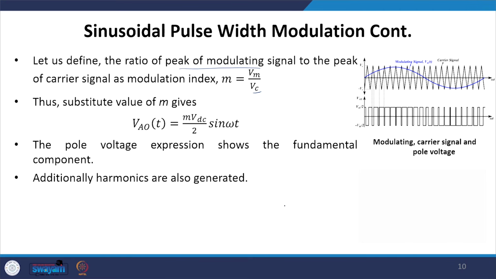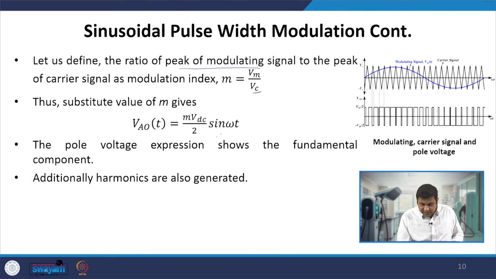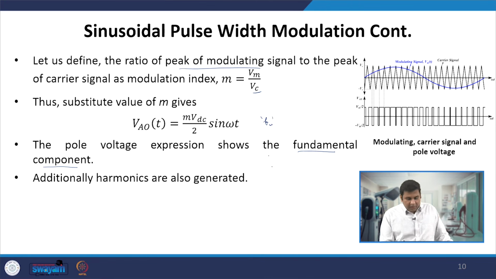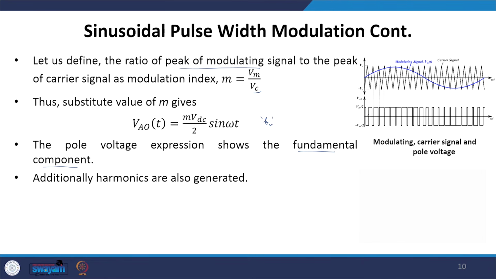If we see this pole voltage variation, it shows that we have the fundamental component at frequency Fm, and along with it harmonics are also generated. This is the actual pole voltage we are getting, VAO. The average of this pole voltage over the switching cycle varies sinusoidally, but the actual voltage pulses vary between VDC by 2 and minus VDC by 2.